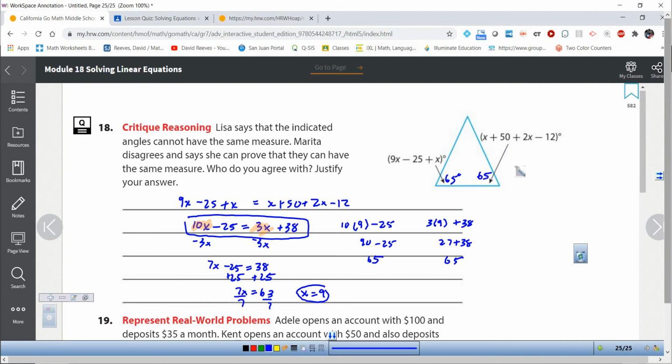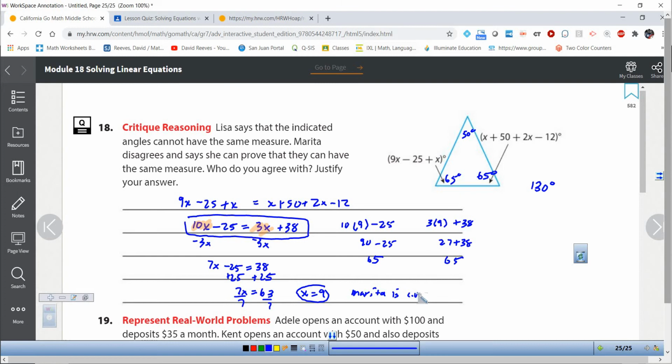So 65 would make the angle 130 degrees, and since the total of the angles of a triangle is 180 degrees, this would be 50. So I do not see any reason why these two angles could not be equal with a measure of 65 degrees each when x is equal to 9. So I'm going to go with Marita.